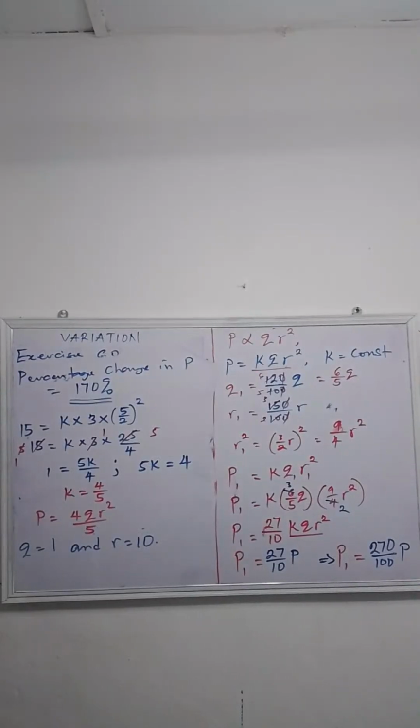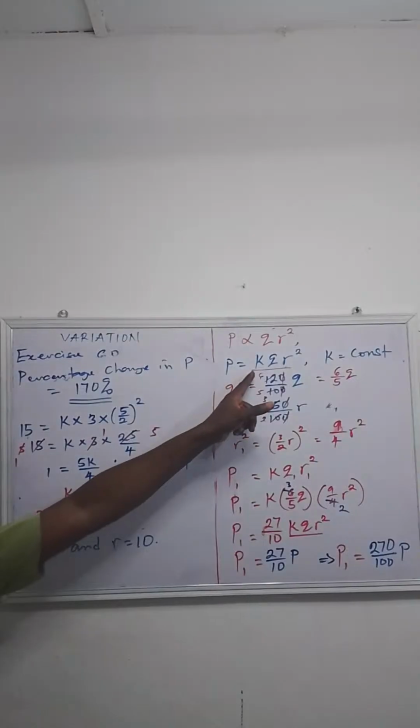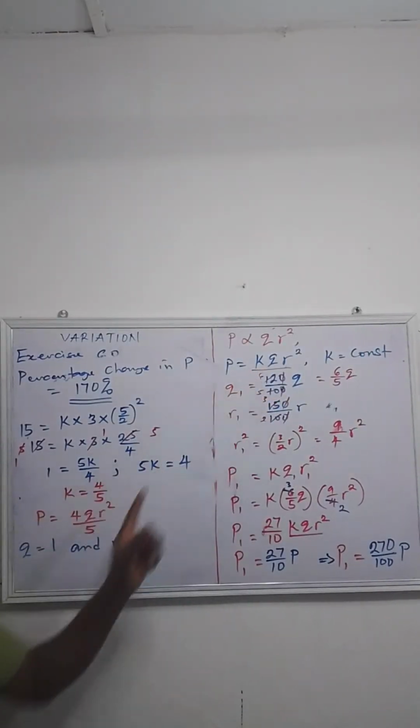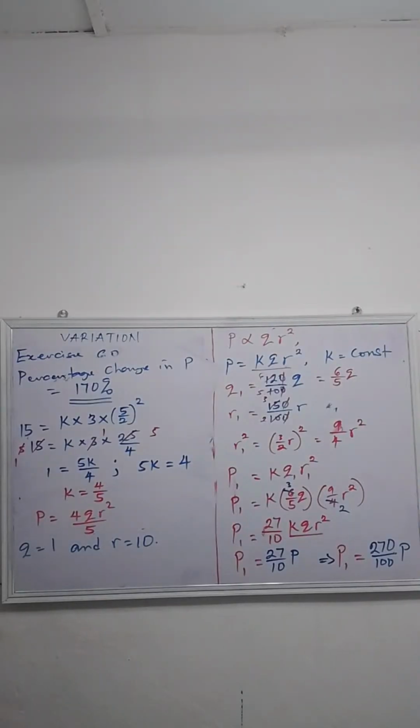That is what we have as the connecting formula. You can see that. Okay, so now the last part of the question asks you to find P when Q is 1 and R is 10.